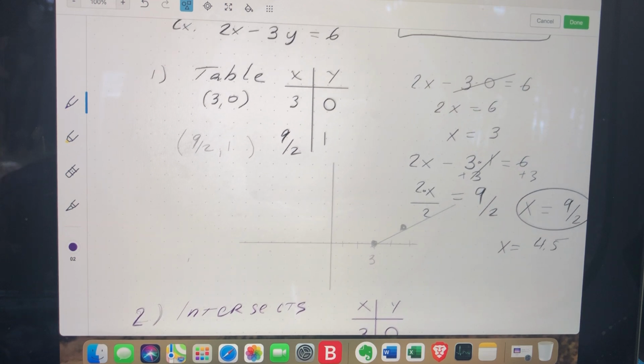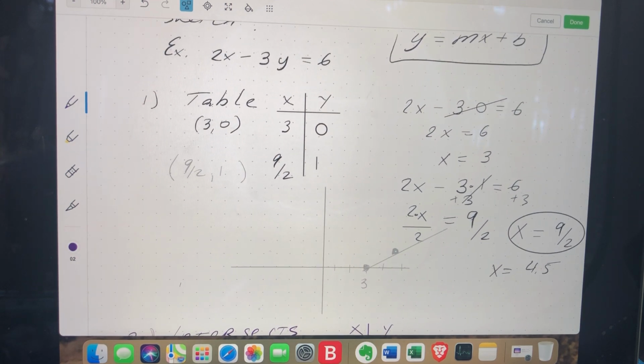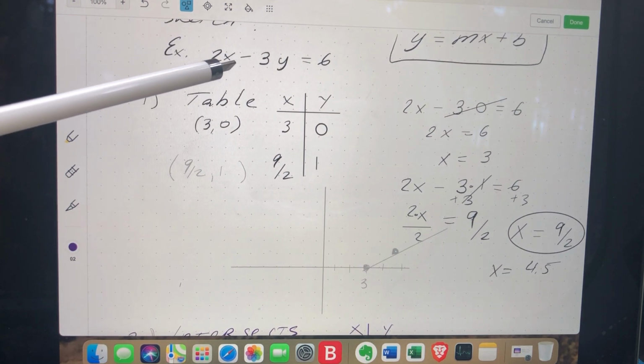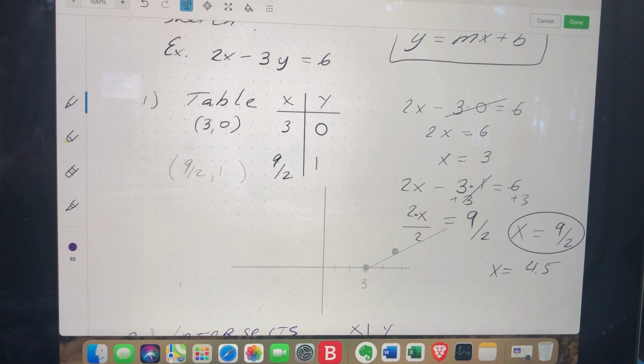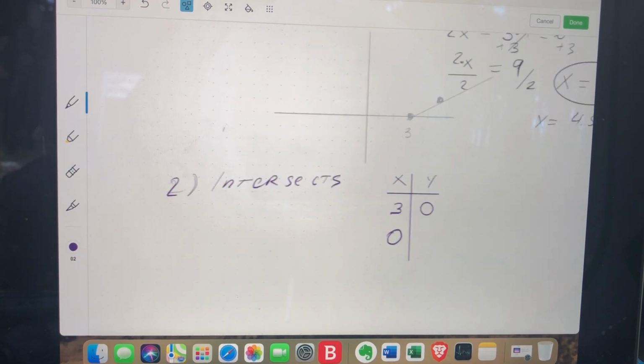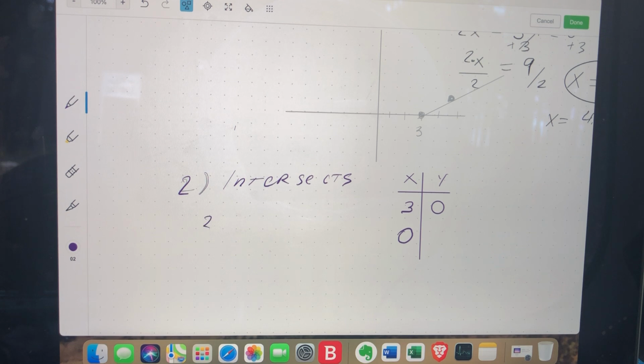So here is my original equation, and if I replace x with a 0, what would I get? I would get 2 times 0 minus 3y is 6.